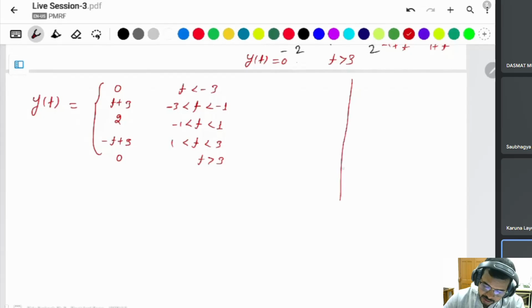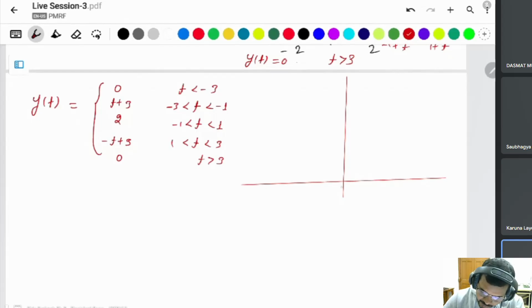Then how does the signal look like? Suppose there is 1, 2, 3, minus 1, minus 2, minus 3.